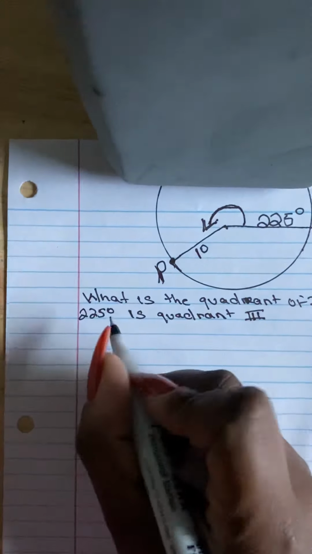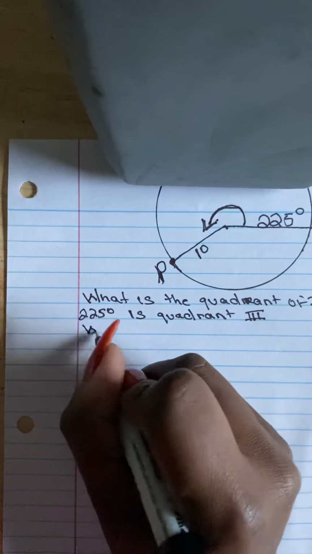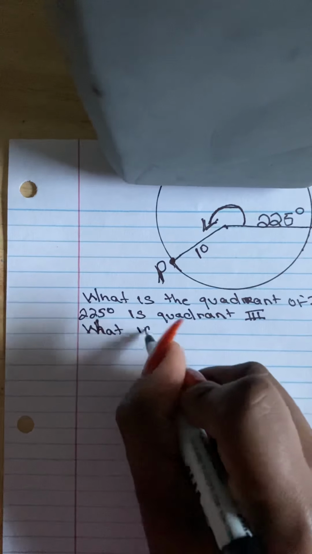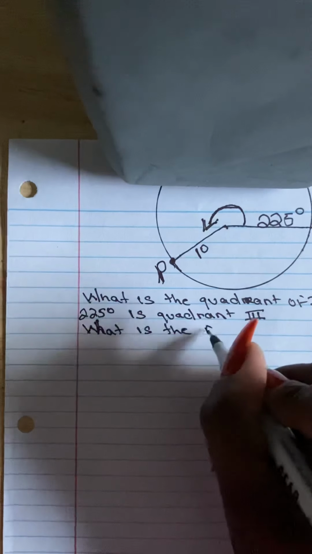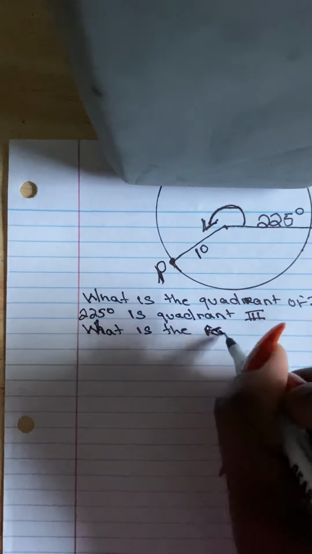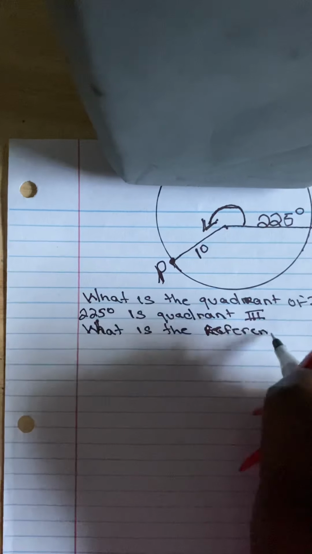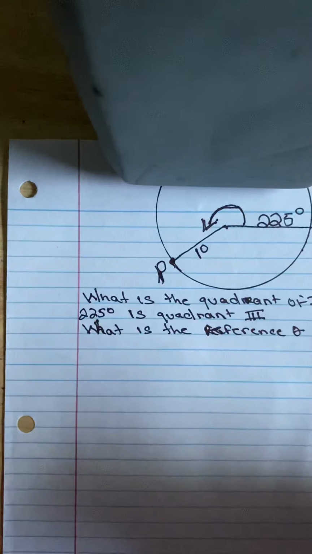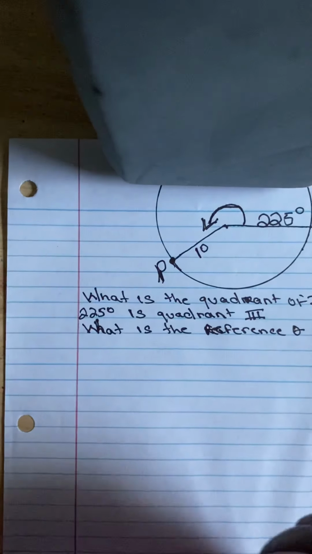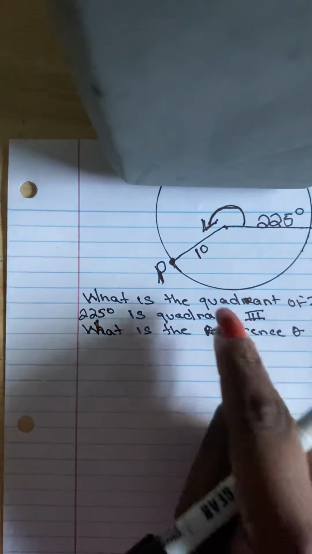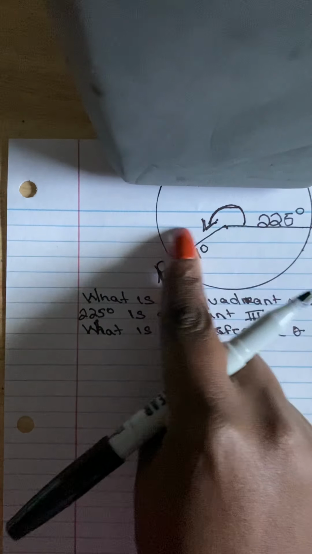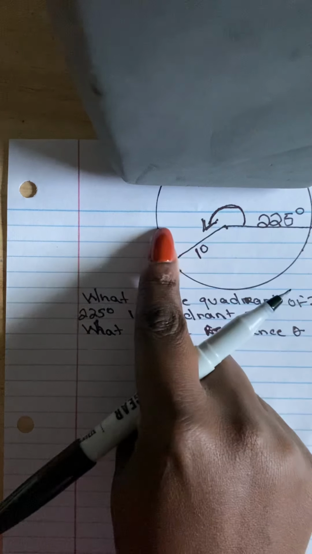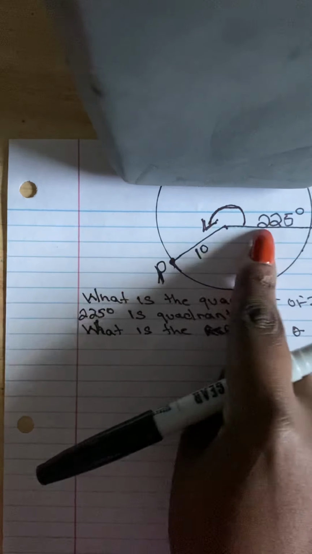The next one we look at: what is the reference angle? What is the reference angle of 225? The reference angle is the angle that we refer back to. For 225, we refer back to 180 degrees.